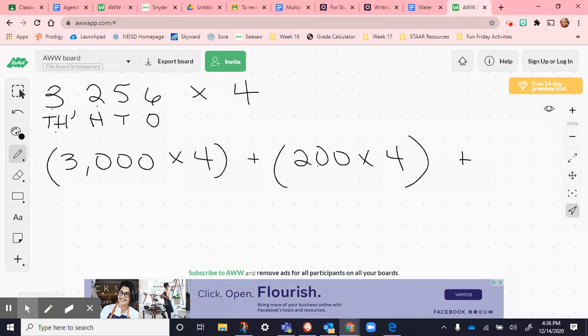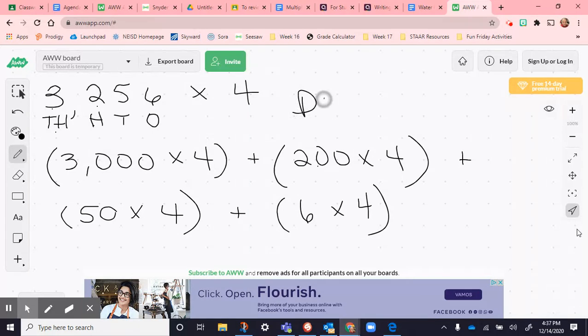Plus, the 5 has a value of 50. Multiply that by 4. Notice that pattern, times 4, times 4, times 4, plus 6 times 4. So when I do that, I multiply all that out. And again, this is called the distributive property.